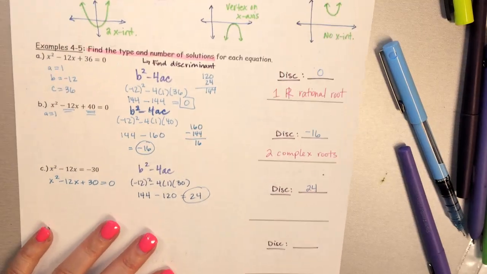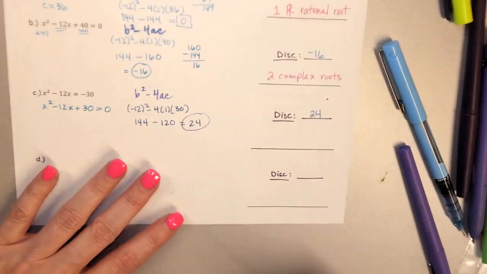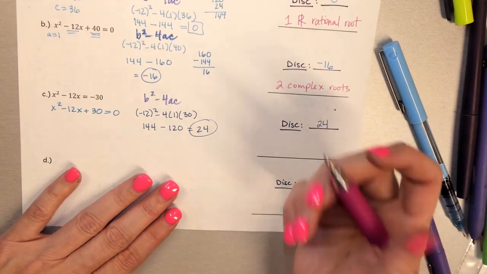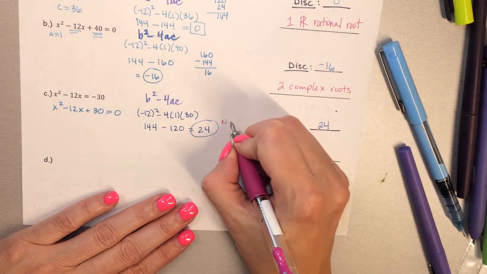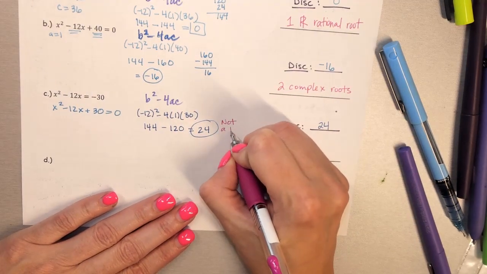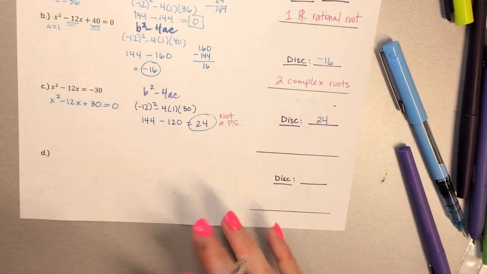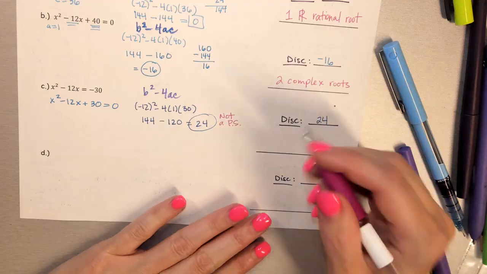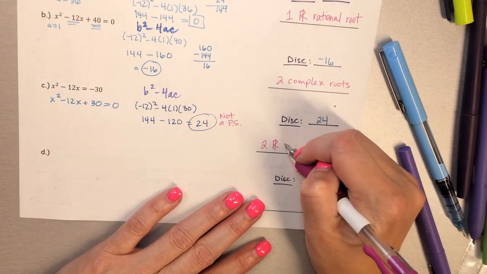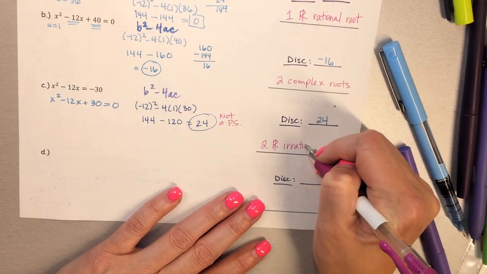And then if it's positive, you just have to ask yourself if it's a perfect square or not. Is 24 a perfect square? No, right? 25 is a perfect square because it's 5 times 5, but nothing multiplied by itself is 24. So if it's not a perfect square, 2 real irrational roots.